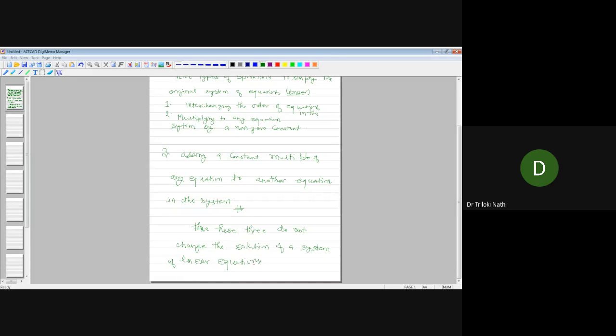Okay, so I hope it is clear what we have done in the previous lecture. So we have done all these three operations. We have interchanged the order of equations. That means writing the first equation in the last place and the last equation at the first place. No problem. There will be no change in the solution.